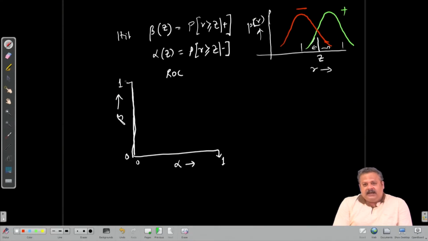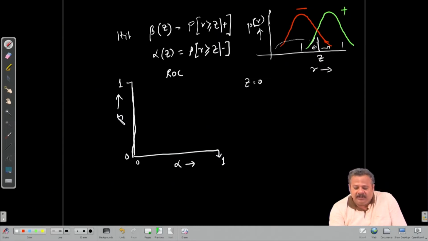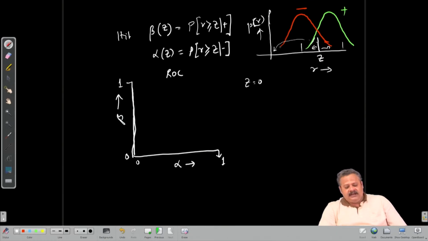Now, let us say we set z equals 0. So, that is a very small value, that is to the extreme left, and let us ask ourselves, for z equals 0, how are our alpha and beta, which are going to define performance, going to be.